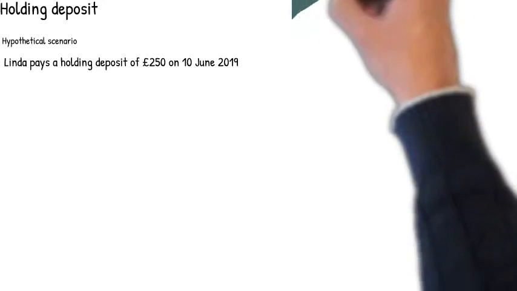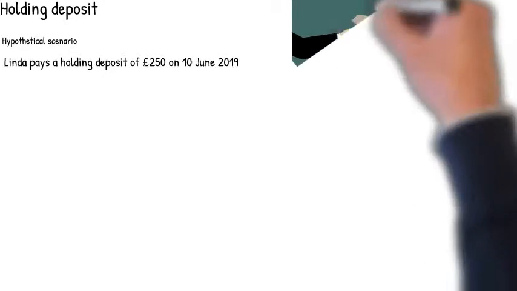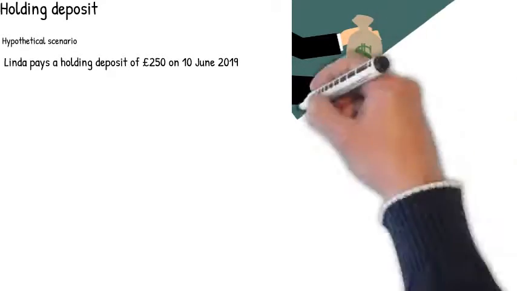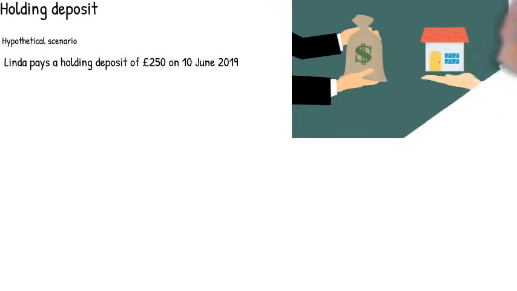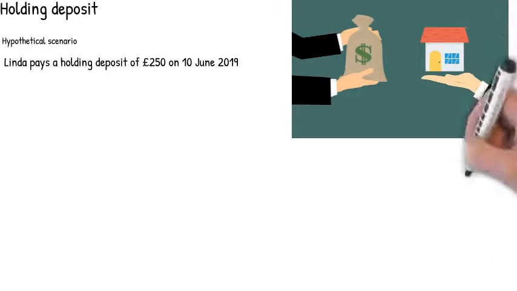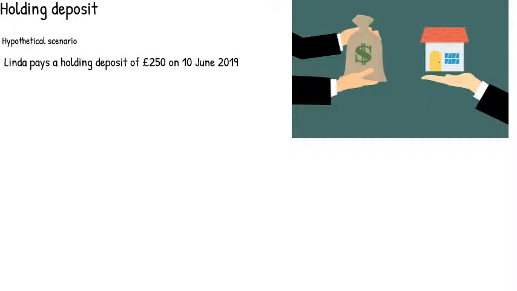So in terms of holding deposits, we've got Linda, who paid £250 by way of holding deposit on the 10th of June 2019. She paid this to Johnson's Lettings, who then told her on the 25th of June that they did not want to let the property to her because they just didn't like her.